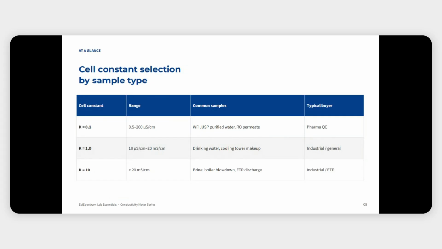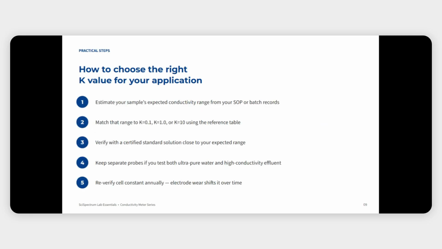Let's put all three side by side. K equal to 0.1 for Pharma QC, ultra pure water. K equal to 1 for general industrial and process water. K equal to 10 for high conductivity industrial and ETP samples. If you remember nothing else from this video, remember this table. Screenshot it if you need to.